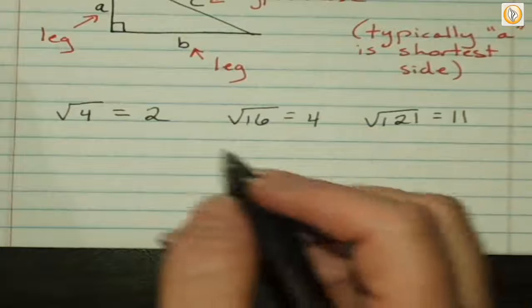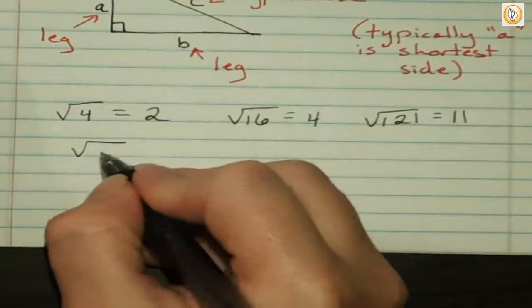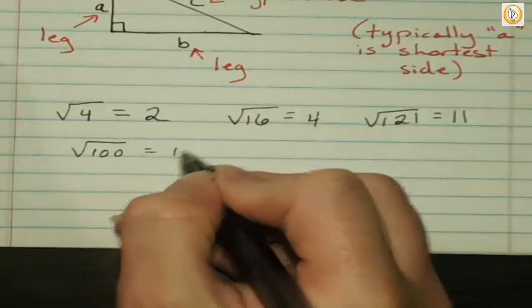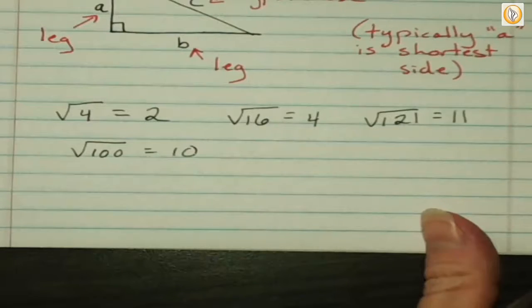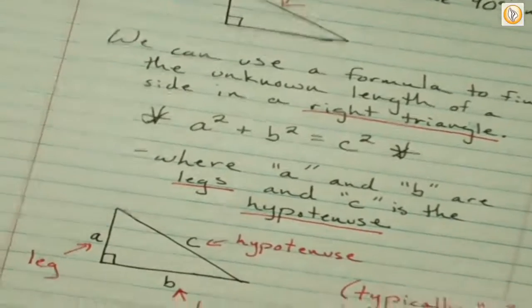And Atalia, square root of 100? Okay. So we're going to be dealing with this. You gotta deal with it. Now, instead of giving you all kinds of words for notes, I'm just going to do a bunch of examples.